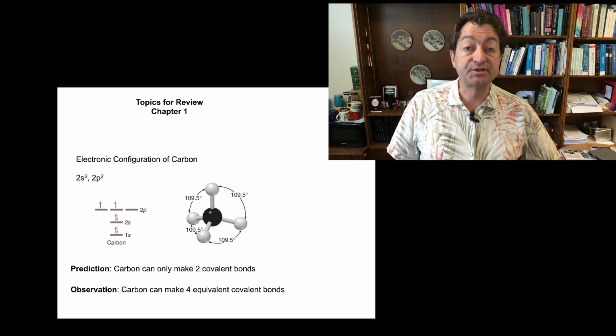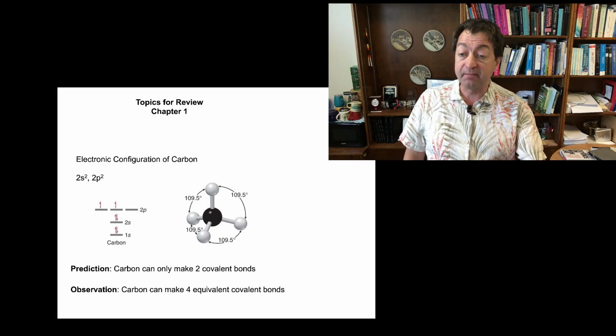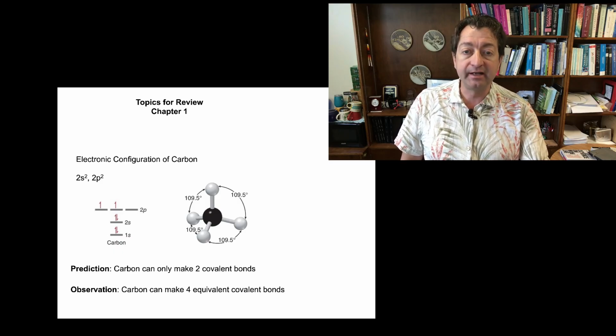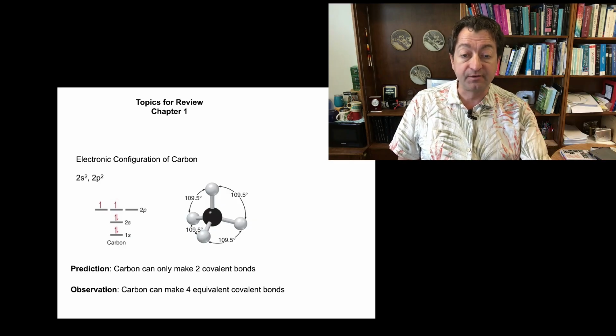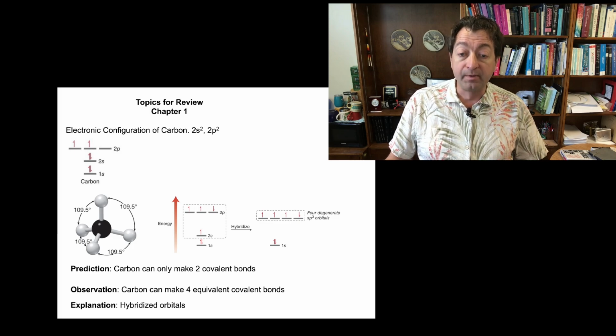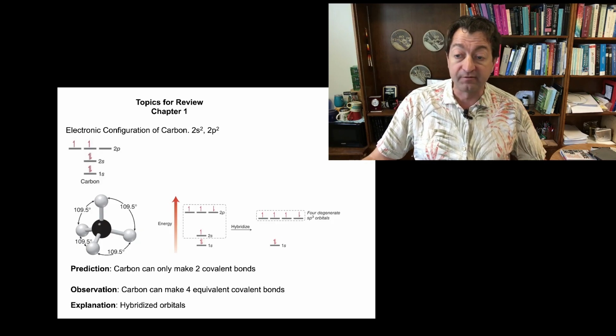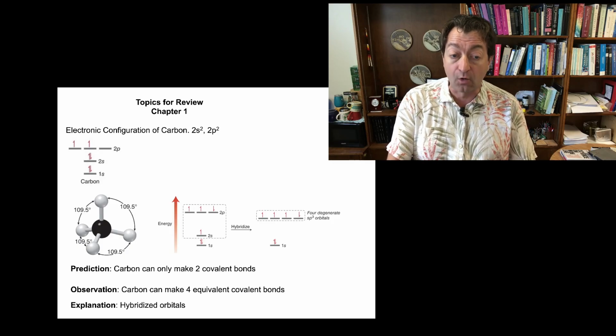What we actually observe about carbon is that it has the ability to make four equivalent covalent bonds with the shape shown here. We think you learned a little bit about that bonding and shape in first year chemistry as well. Our explanation for this observation of four bonds in carbon is that those orbitals in the carbon atom can hybridize to make four equivalent, or four degenerate, hybrid orbitals, so-called sp3 orbitals.